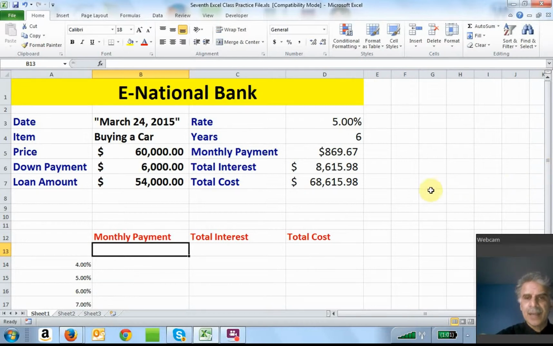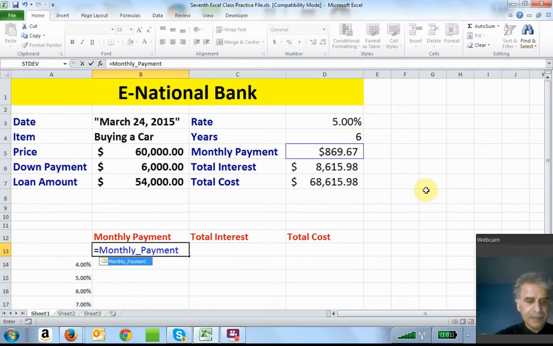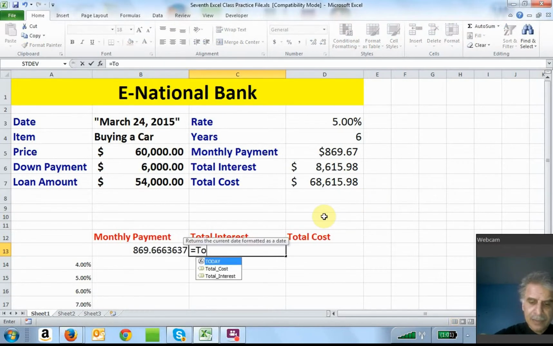So let me try to do that. For monthly payment, I'm going to just print the formula. So if I use the name, that will be a good formula there. Then for total interest, again, I use the assigned name.